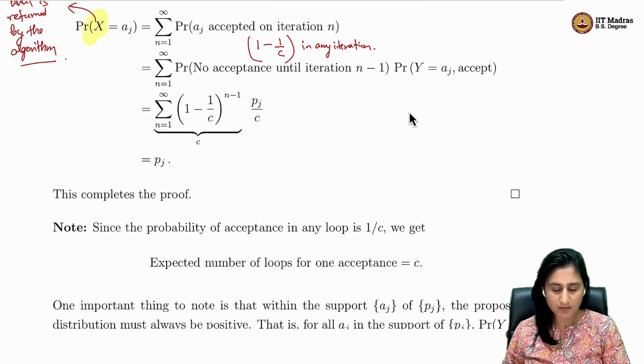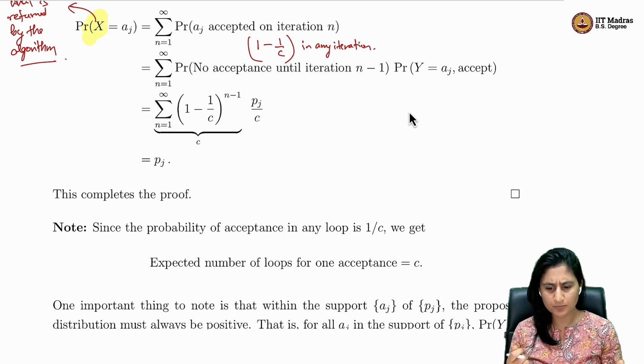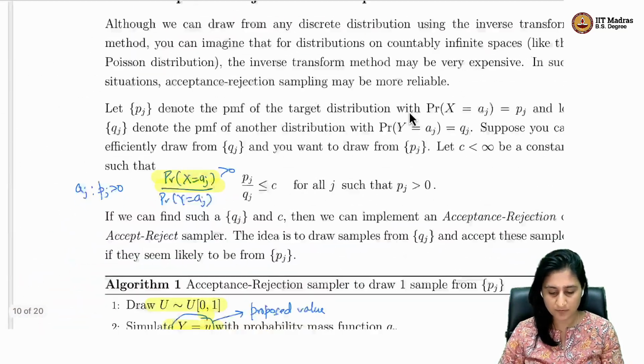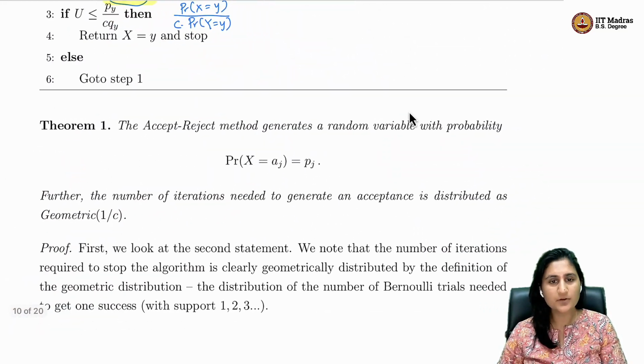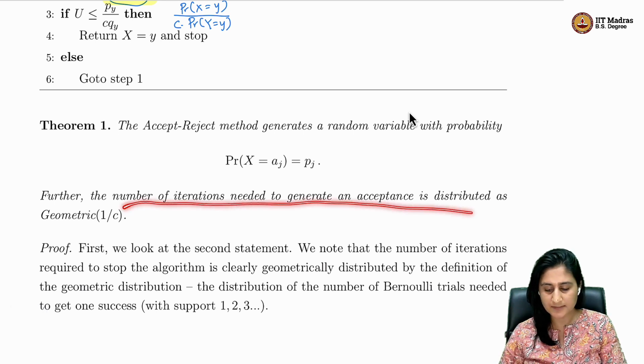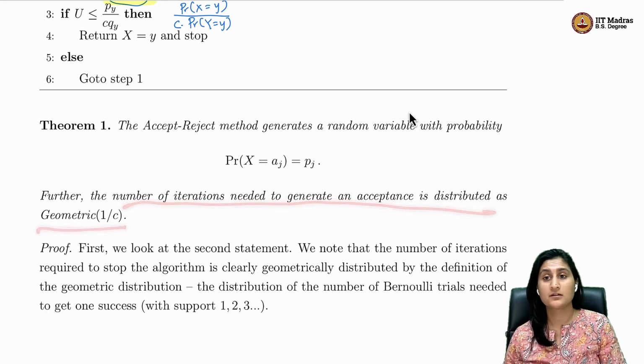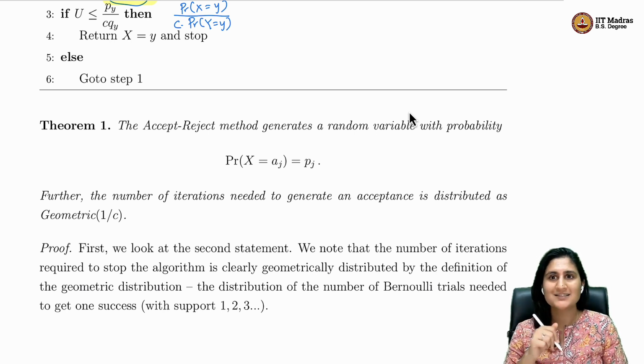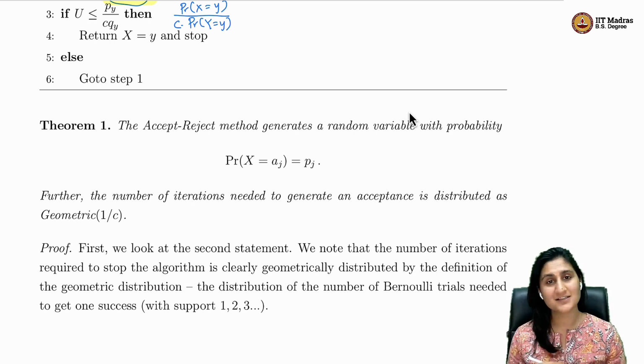So now that we've understood hopefully the proof, let's also take a look at the second line in the statement of the theorem, which said that the number of iterations needed to generate an acceptance is distributed as geometric 1 by C. Now, this is actually very important because what this tells us is, before running the algorithm, I have an idea of the kind of behavior I expect from the number of iterations.